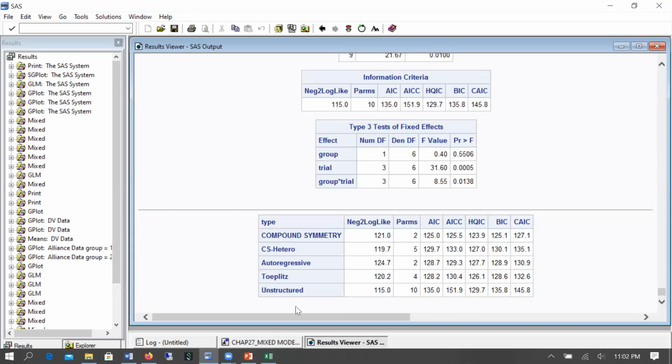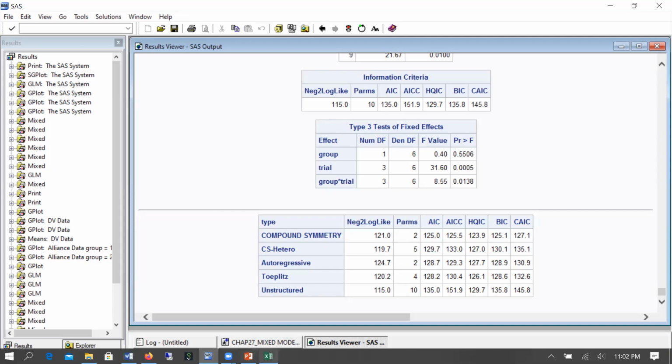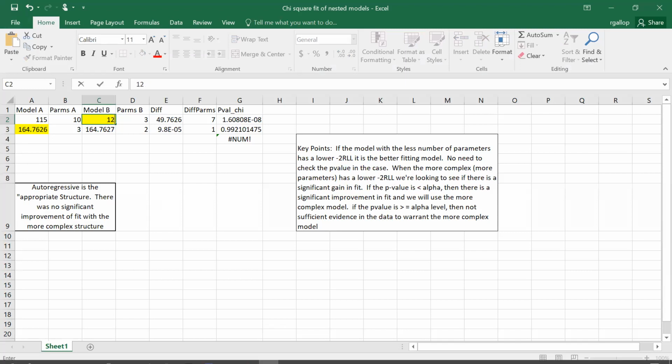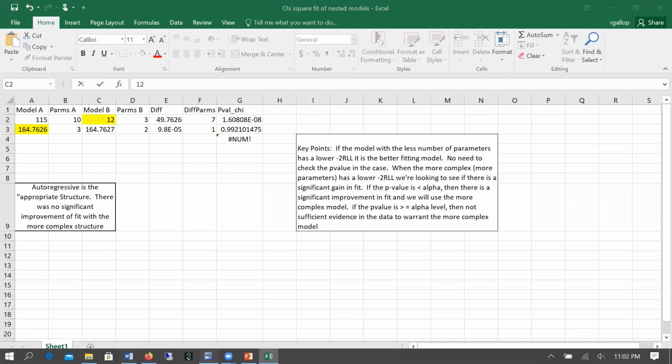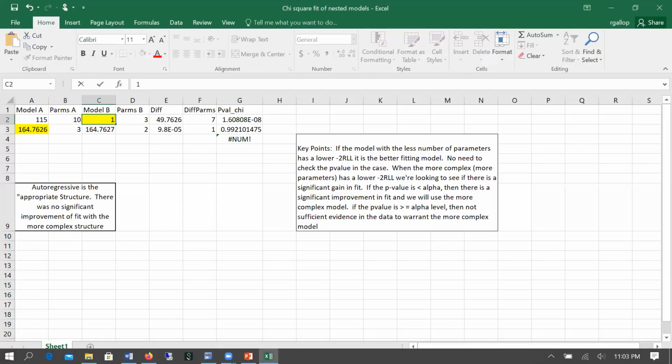The next more complex is compound symmetry heterogeneous, 119.7.